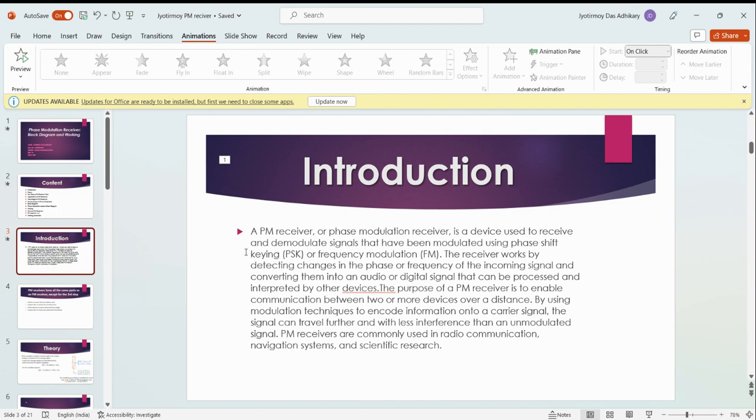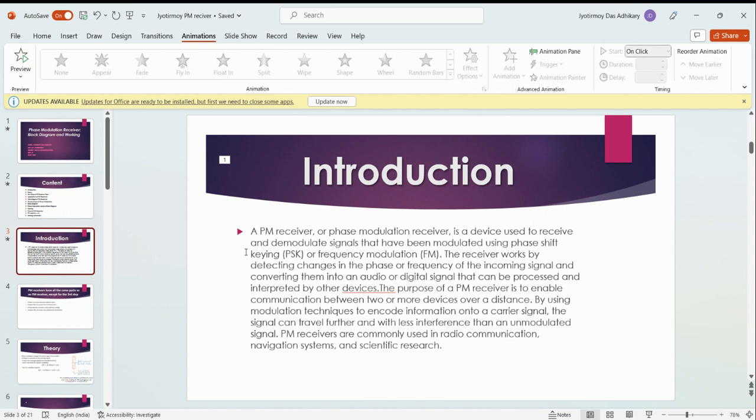The purpose of a PM receiver is to enable communication between two or more devices over a distance by using modulation techniques to encode information onto a carrier signal.